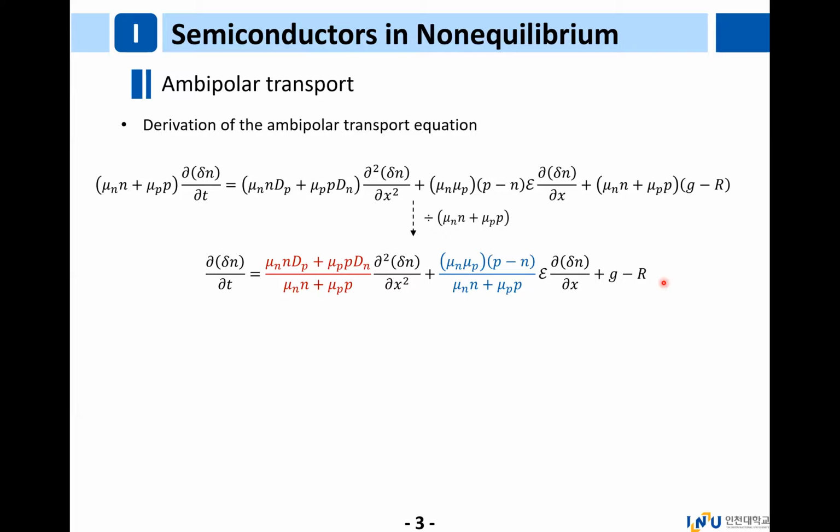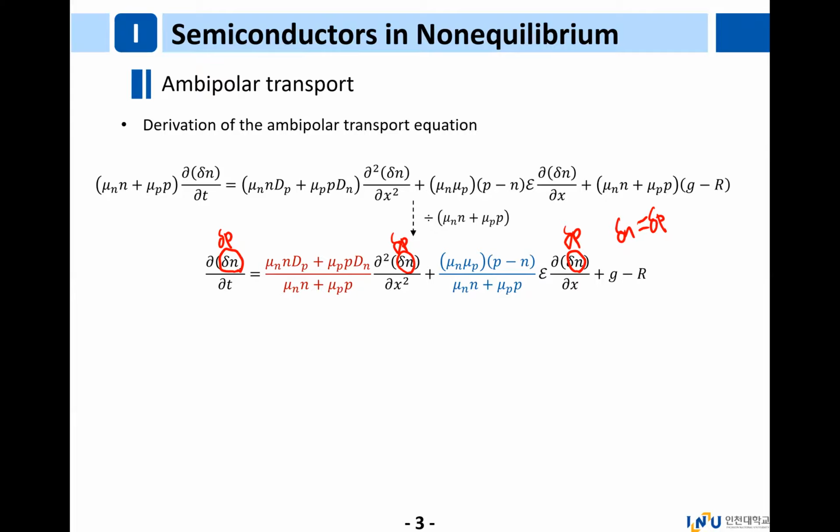Since the concentrations of excess electrons and excess holes are equal, instead of delta N, delta P can be used, because delta N is equal to delta P in ambipolar transport, right?